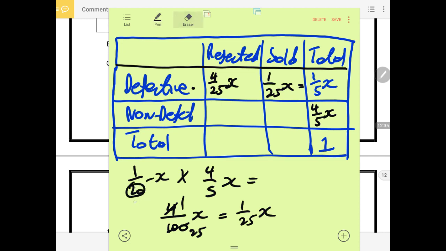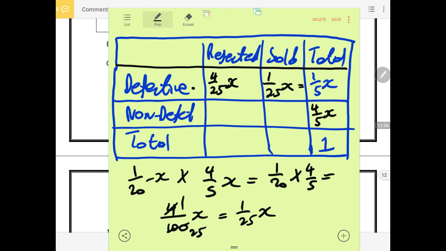So now that means they said 1/20th of the 4/5 is rejected by mistake, meaning they are rejected. That does not change. We just cross multiply.